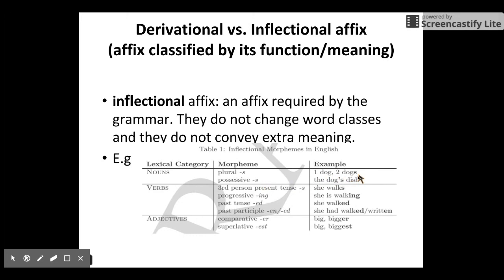We have dogs, the dog's dish, and we have the third person present tense s as well, ing, ed, en, and for adjectives we have comparative, superlative, right? So they do not add new meaning. They're just required by the grammar.